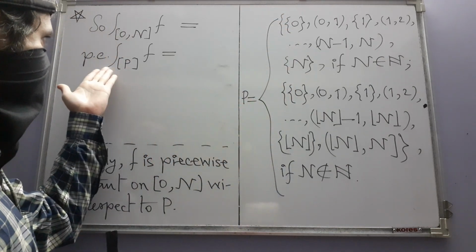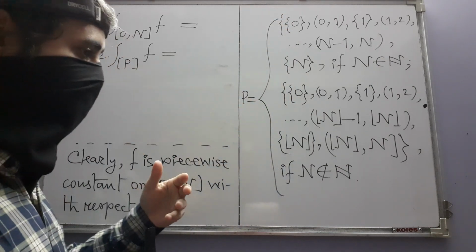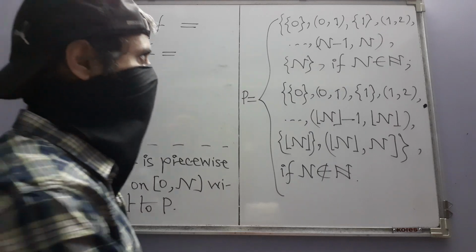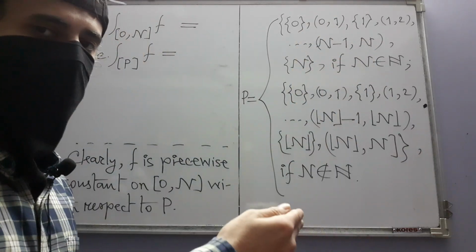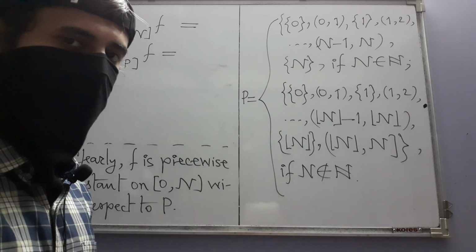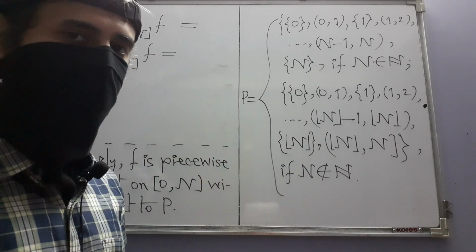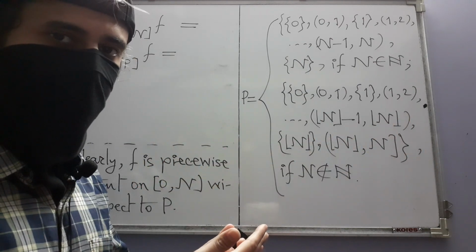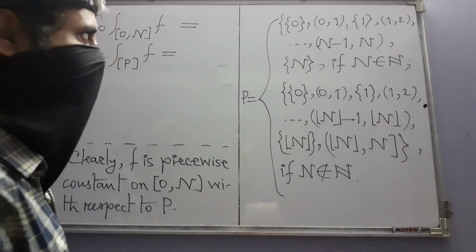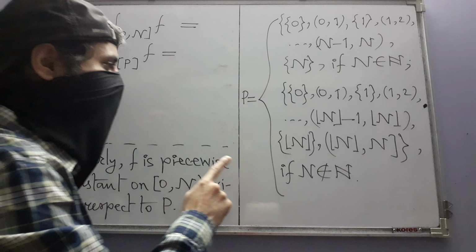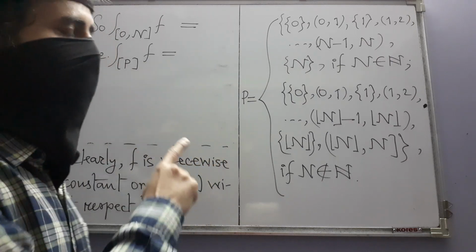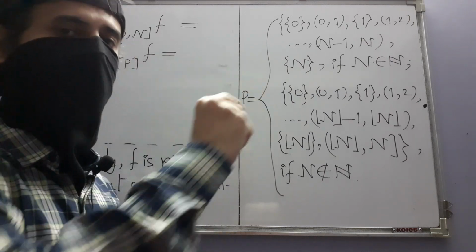So when you write this PC integral, what do you actually do? You of course multiply those constant values that the function takes on the different subintervals by the length of the interval and add them up. That is the definition of PC integral. So the places where you get 1 are the only places where you get non-zero function value.